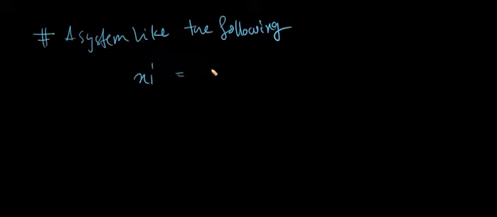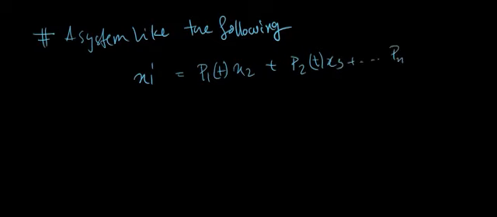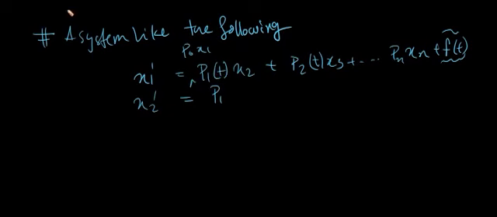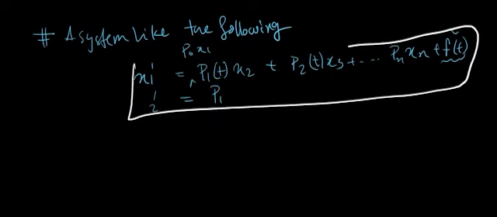And let's say this is expressed as p1(t), which is a function of time, times x1, p2(t) times x2, p3 times x3, and so on, pn times xn. And there is another function, and this is the non-homogeneous term. And similarly for x2 prime.